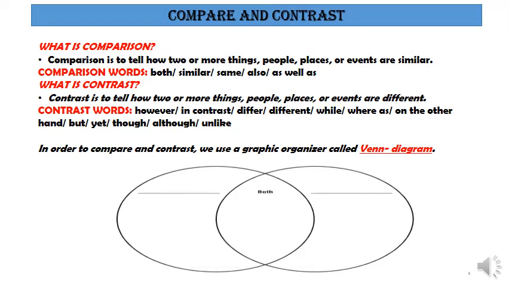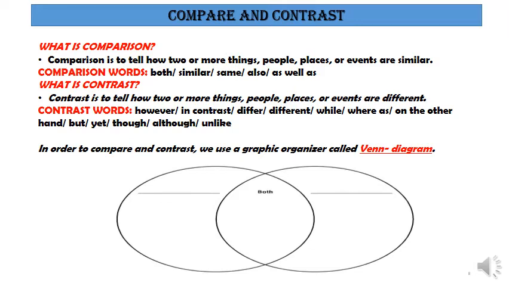What is contrast? Contrast is to tell how two or more things, people, places, or events are different. So the opposite. Compare is to tell how they are similar, and contrast is to tell how they are different. Some of the contrast words that we might use are however, in contrast, different, while, on the other hand, but, although, unlike.